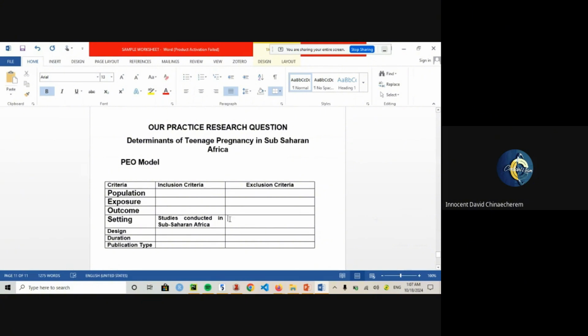So I could now say maybe specifically in my exclusion criteria, I'm going to exclude studies conducted in Nigeria. Remember that Nigeria is a country that is found in sub-Saharan Africa, but I can decide to exclude it. And if I want to input my justification, I could add another.